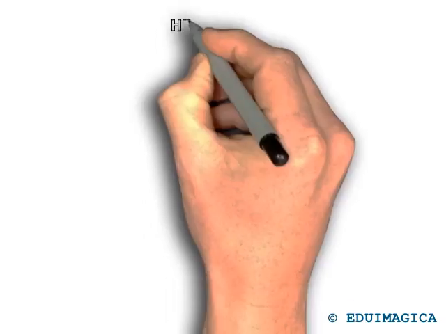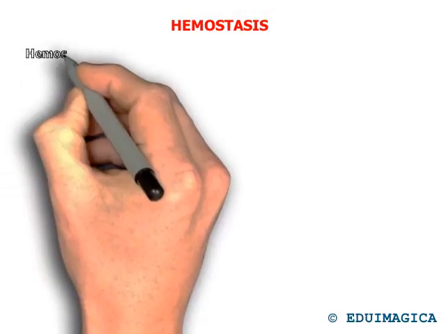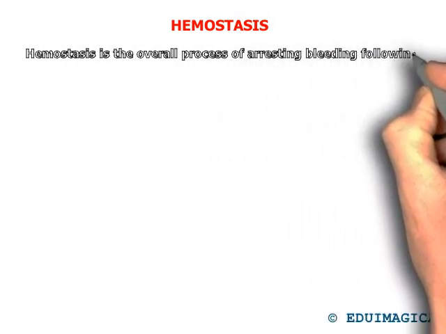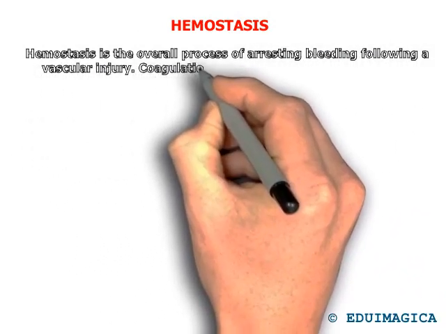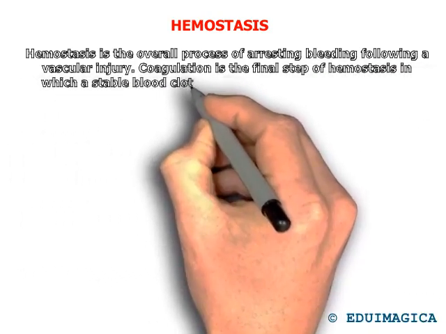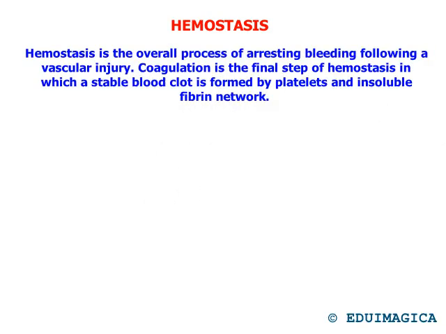Now let's talk about hemostasis. Hemostasis is basically the process of arresting bleeding following a vascular injury. And coagulation is the final step of hemostasis, in which a stable blood clot is formed by platelets and an insoluble fibrin network.